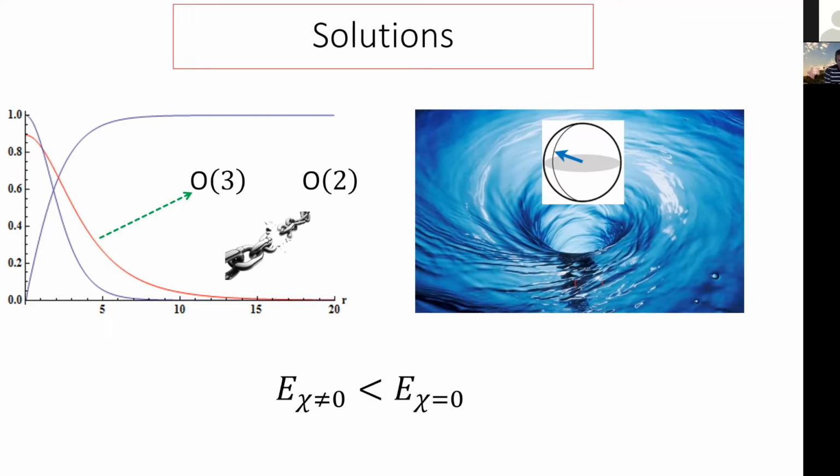So the system wants to develop the chi field rather than not, which was actually an unexpected result, but it means that this somehow lowers the energy of the system, which is nice, which is what we want.